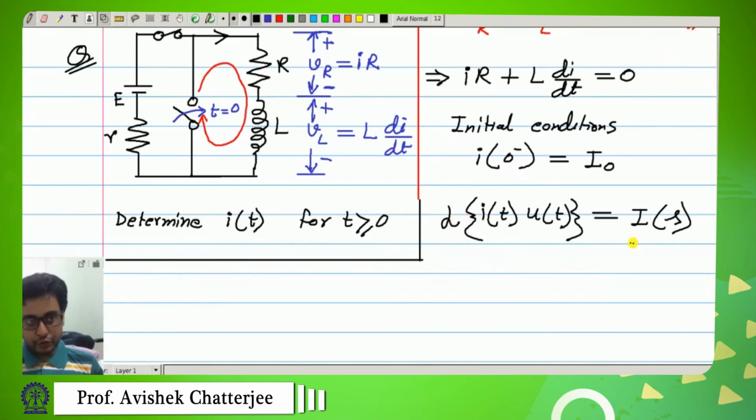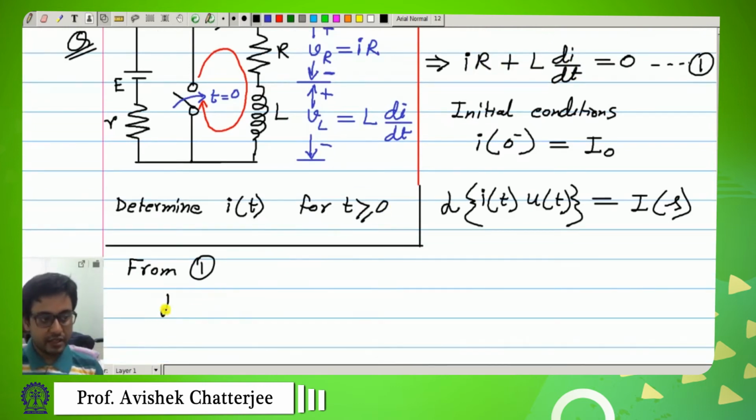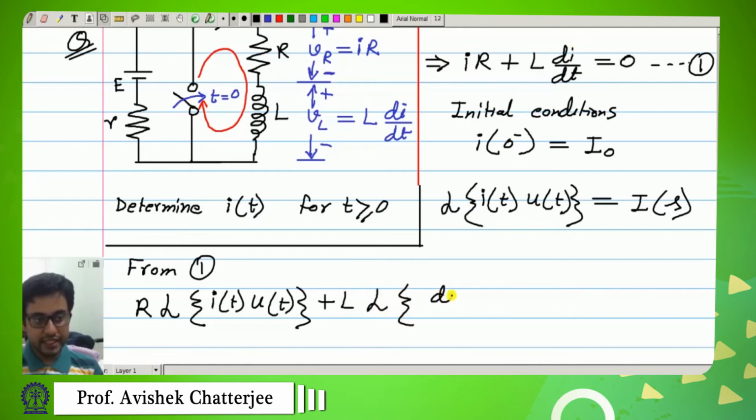Okay, from this equation, call it equation 1, taking the Laplace transform of both sides, one-sided Laplace transform of course, we can write the Laplace transform of R, which is a constant, multiplied with the step signal, plus L constant times the Laplace transform of di/dt multiplied with u(t), that is the unilateral or one-sided Laplace transform.